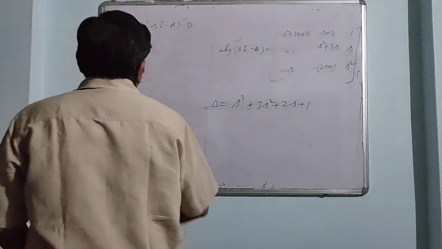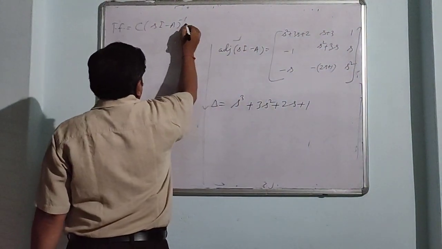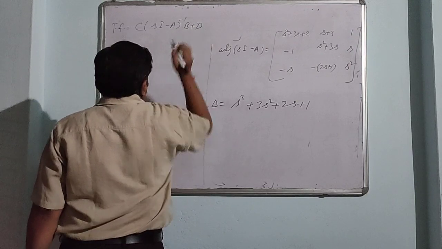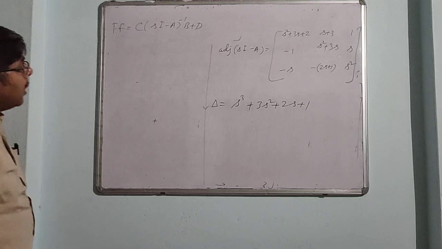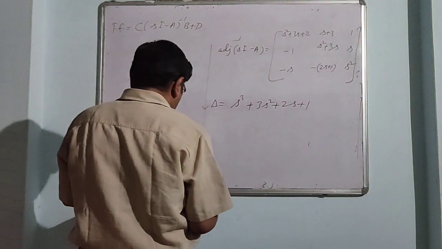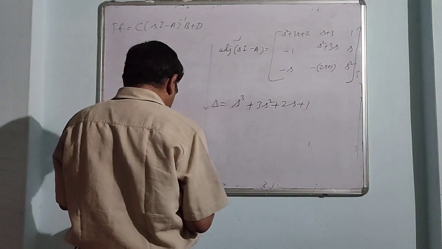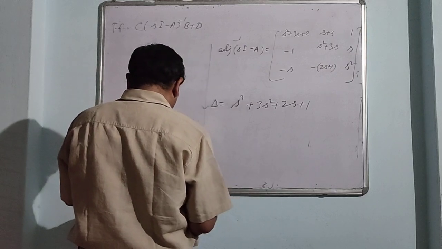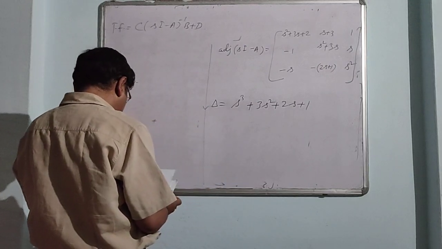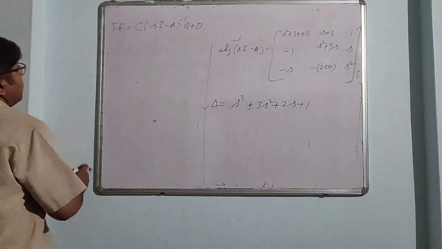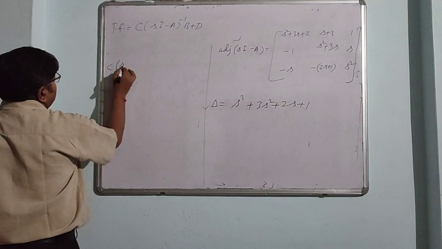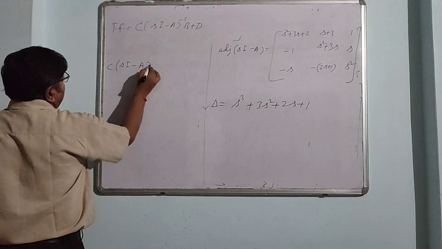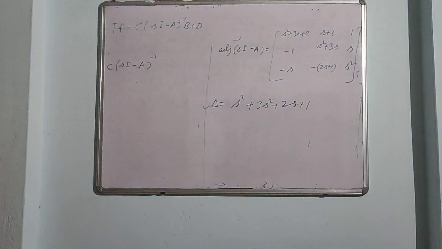C, and after calculating this, you can put these values and multiply this. After multiplication of SI minus A inverse, multiplication of these two.